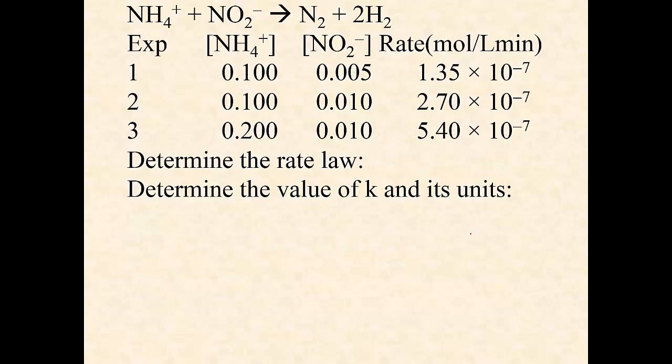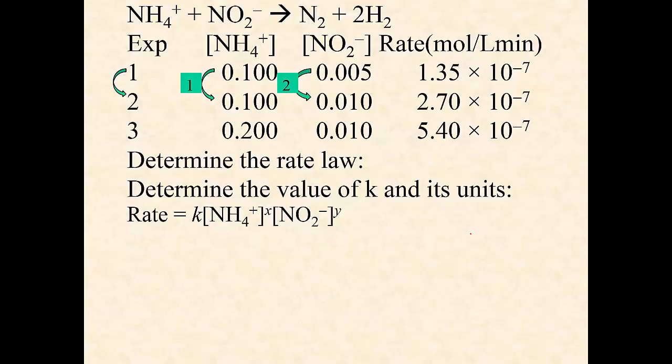Okay, just a couple more. This one is probably how they're going to look more often. No, we do see A's and B's, but we're going to just use real compounds. So what you have to do is be careful that you write them down and put the right exponent on the right reactant. And again, you look, what can I see constant? So trial 1 to 2, ammonium is staying constant. What happens to your nitrite? It doubles.